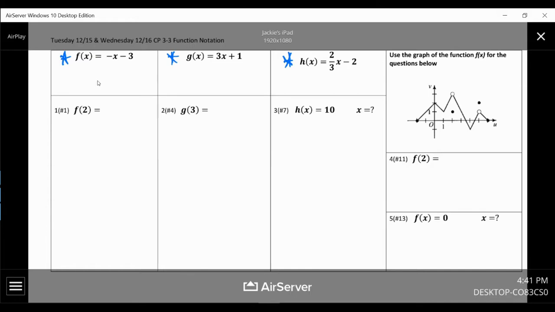a little more straightforward. So for number one, f of 2, we want to find the value of the function when x equals 2. So using this function, we're going to substitute the value of x equals 2.